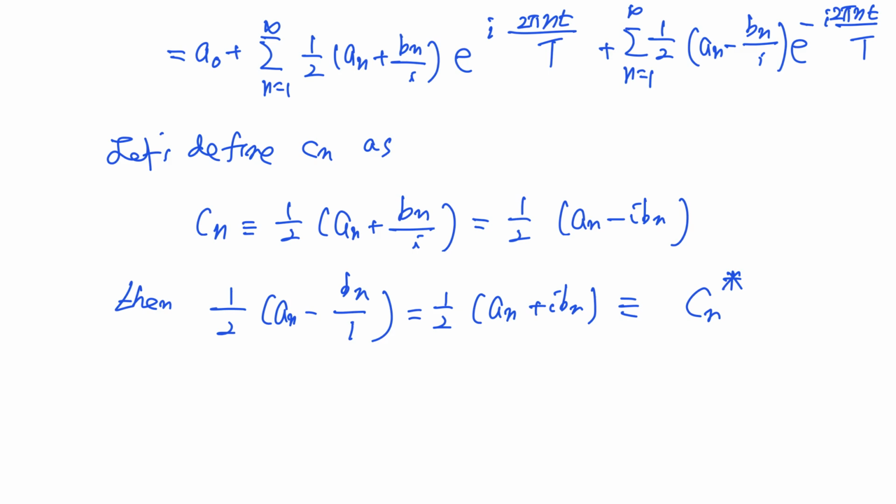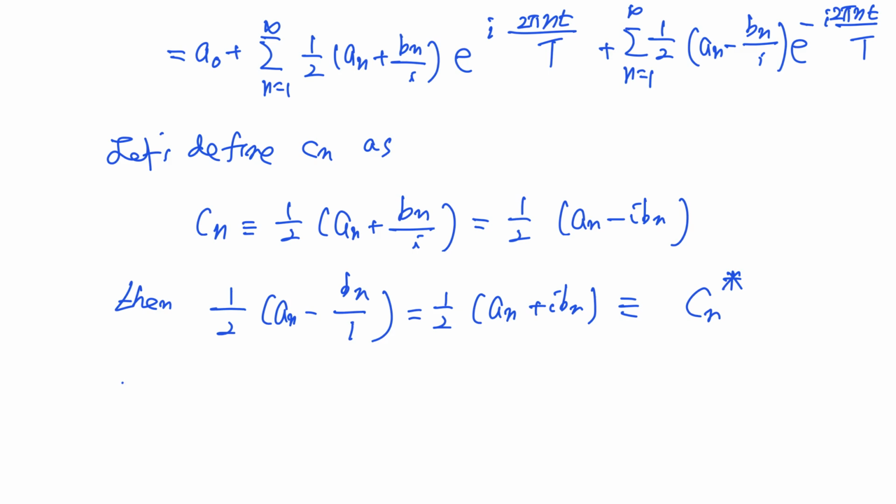So the Cn and the other coefficient differ only in the sign of the minus i. So that can be interpreted as Cn with the complex conjugate, which is 켤레복소수, right, in Korean.